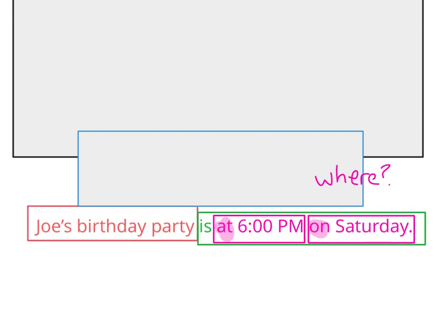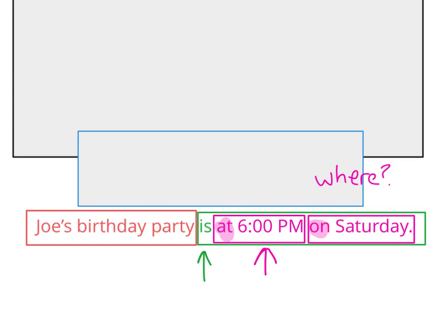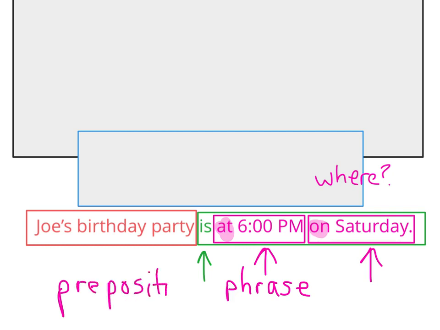So this sentence has a subject, Joe's birthday party, the verb is, and then there's two prepositional phrases, at 6 o'clock p.m. and on Saturday. In each pink box is a group of words. A group of words that work together to do one thing is called a phrase. Because that phrase begins with a preposition, we call it a preposition, and then I'm going to add two letters, A-L, prepositional phrase.